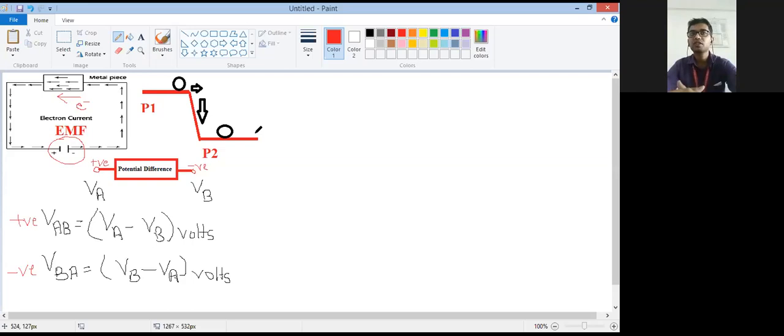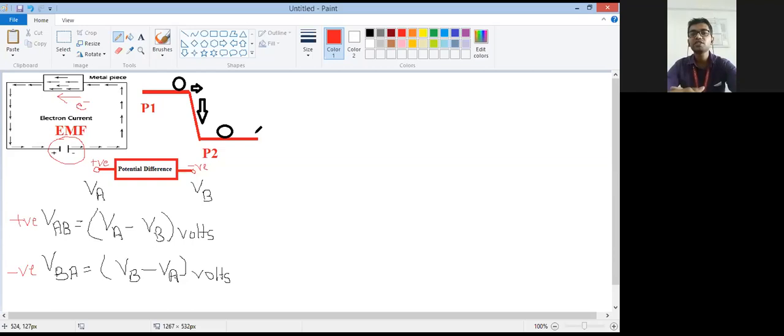If one point is negatively charged and one point is positively charged, then the potential difference between point A and point B is given by VAB. Voltage is nothing but the potential difference between 2 points. We have studied current, now we are studying voltage. Those 2 points can be any 2 points.